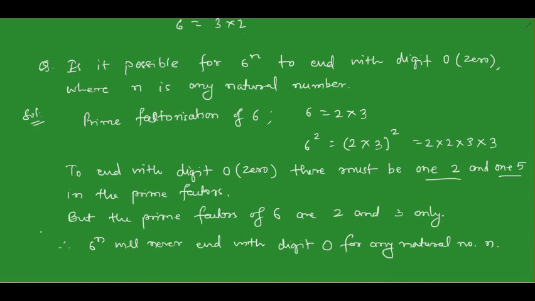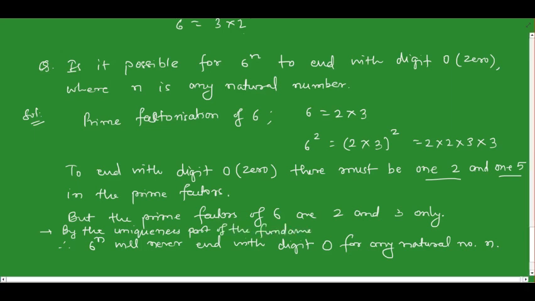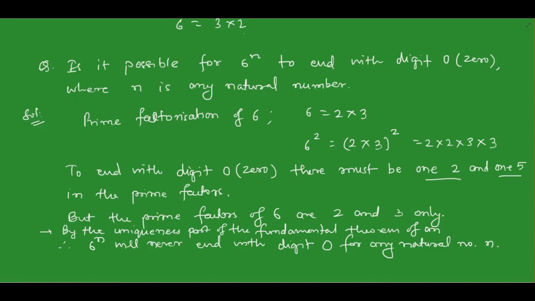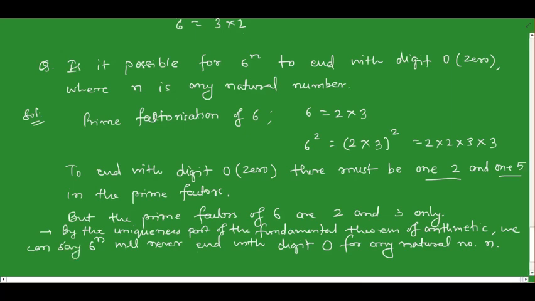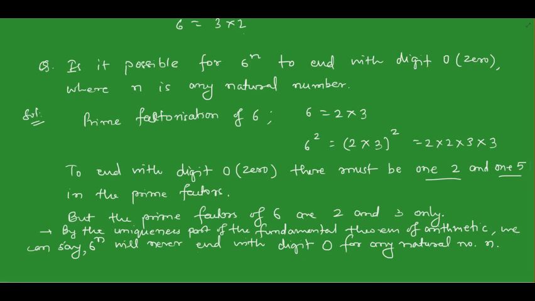Here only you need to mention by the uniqueness part, by the uniqueness part of the fundamental theorem of arithmetic, we can say, therefore की जगह आप ये लिख दो, we can say 6 raised to power n will never end with digit 0 for any natural number n.